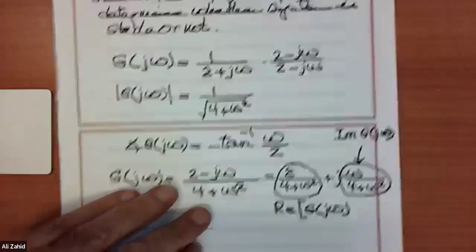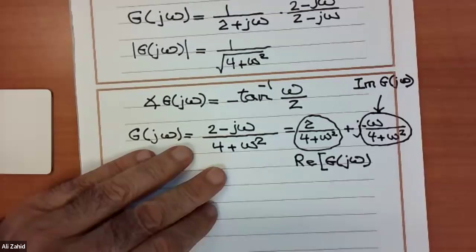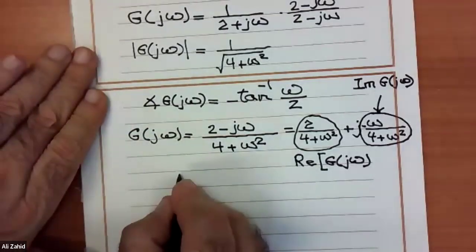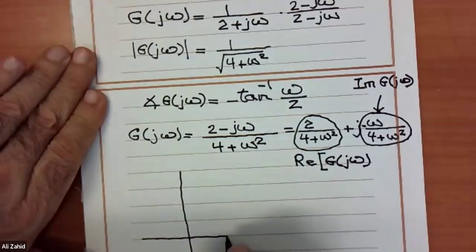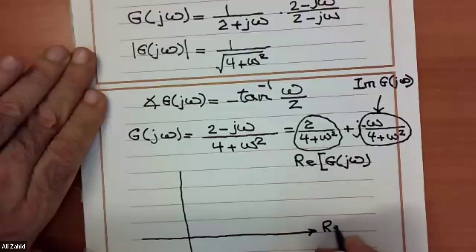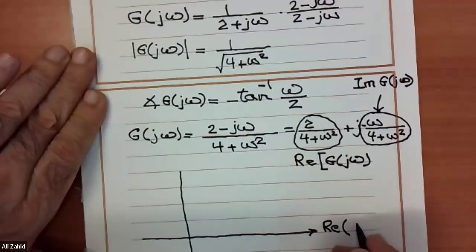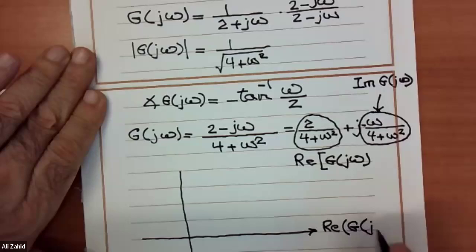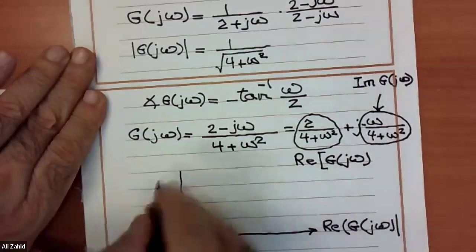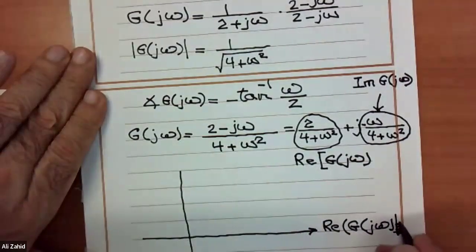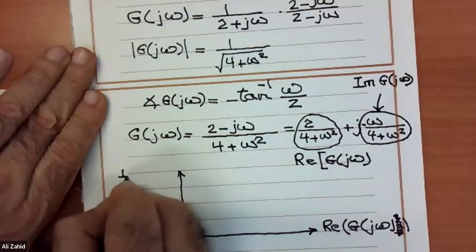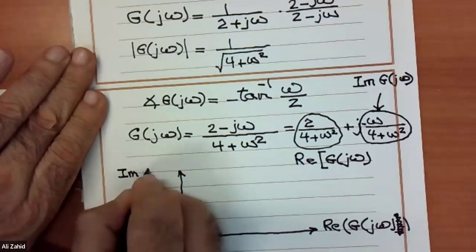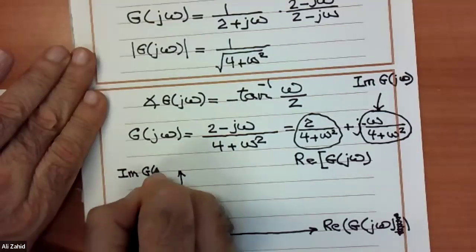You follow me? Then what do I do? This is the real part of G of J omega, no absolute value. This is the imaginary part of G of J omega.